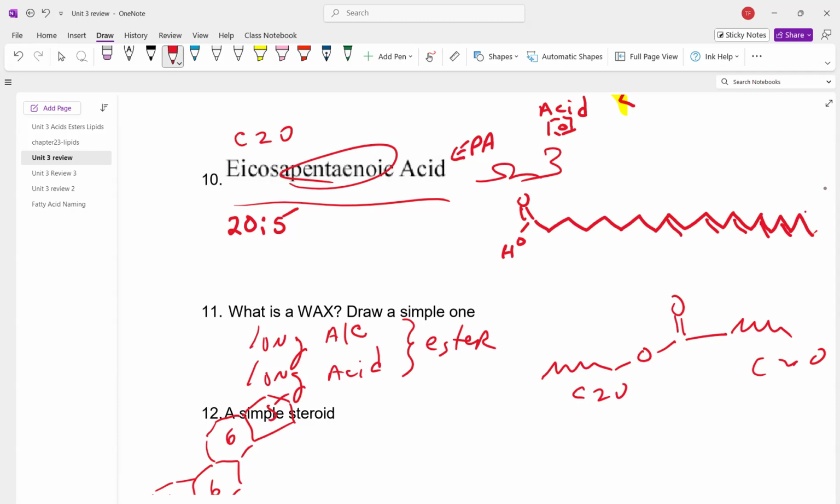Okay, so we have the 5 double bonds. The delta numbering on this is going to be 5, 8, 11, 14, and 17. It's counting from the acid end.